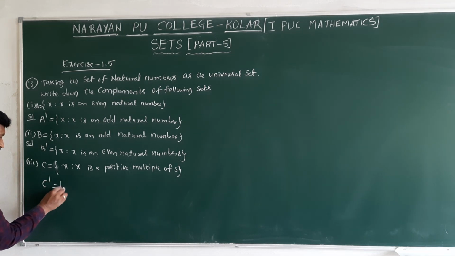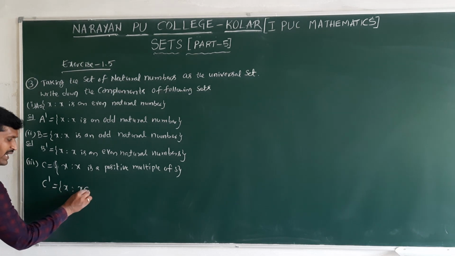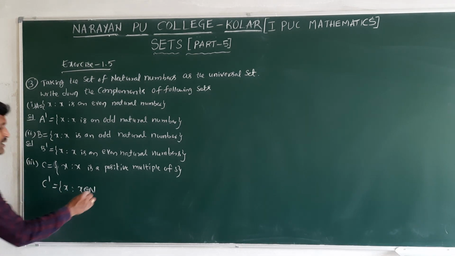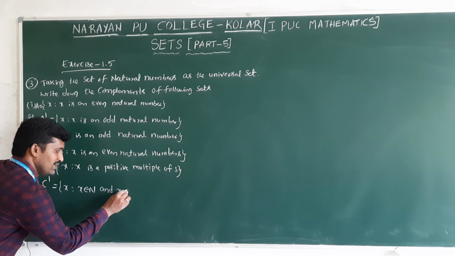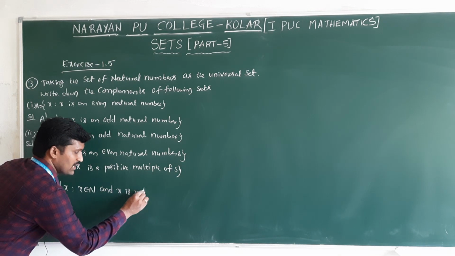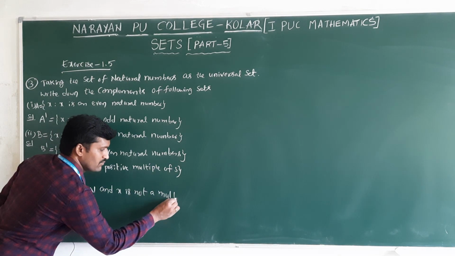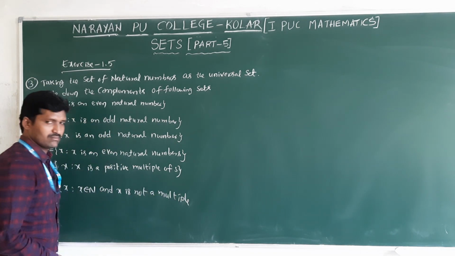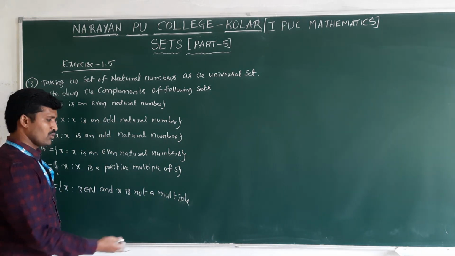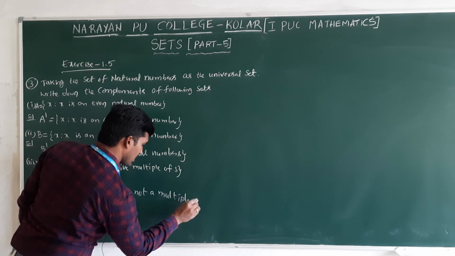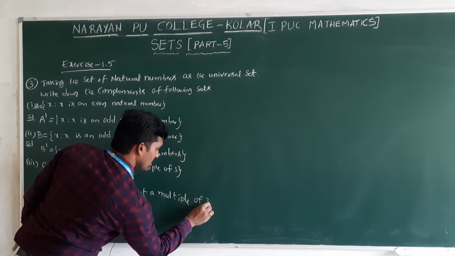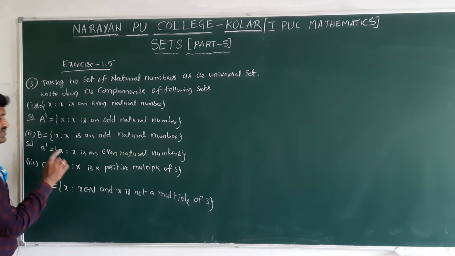C dash means X such that X belongs to natural numbers and X is not a multiple of 3. Complement, not C. Okay, now it's a multiple of 3 given, that's why I am taking not a multiple of 3, and that must be which number? Natural number.